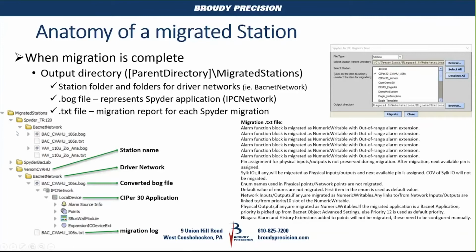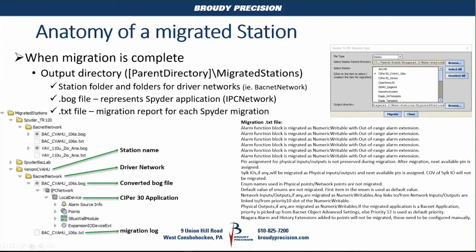But then if we actually look at the folder structure in the example here, you'll see I did a Spyder station migration of a station called Venom CVHU, and within there was a BACnet network, and in this case it looks like it's just a Venom application that I used, and it'll create a BOG file, and within that BOG file you have your IPC network.